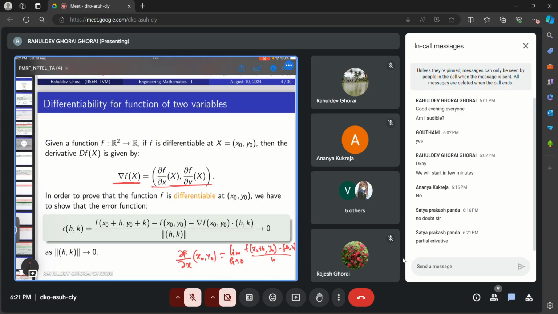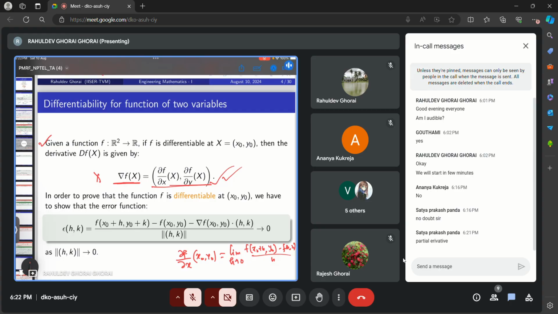Okay. So that was del f del x, del f del y. So if the function is differentiable, read this properly. If the function is differentiable, then you can write the derivative of a function like this. The gradient will be like this.